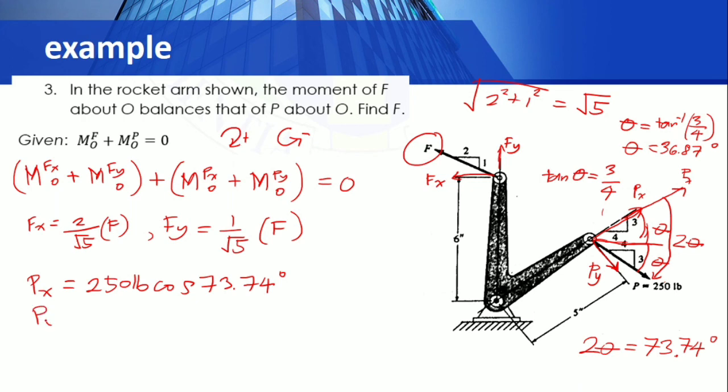And yung py natin, that is sine, so that will be 250 pounds sine 73.74 degrees. Okay? And then, meron na tayong px and py. Meron din tayong f of x in terms of F and f of y in terms of F din. So, kunin na natin yung ating mag-moment na tayo.